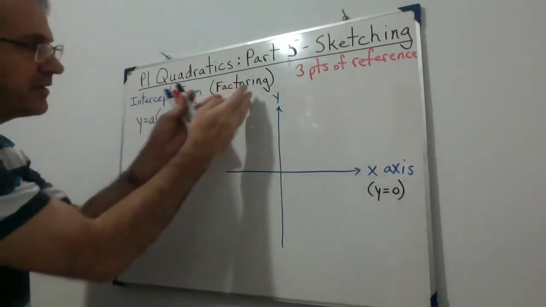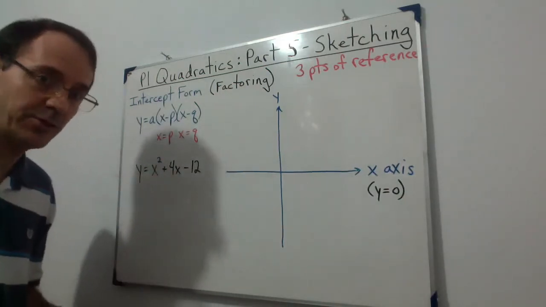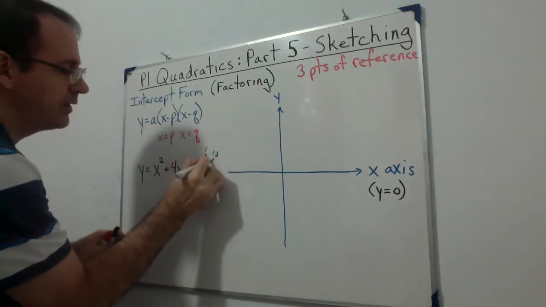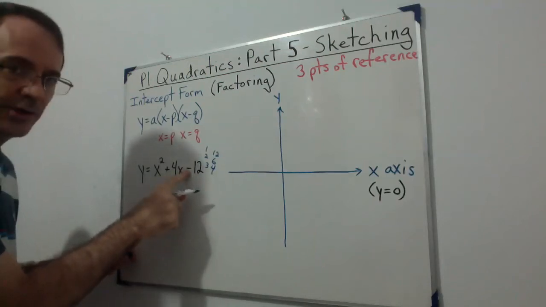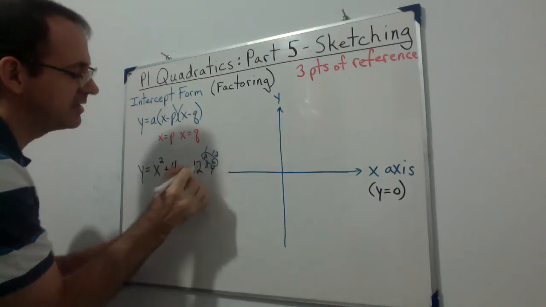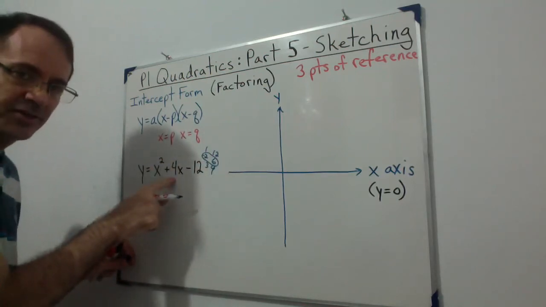So we're using the factoring method. So we come here, which gives us a chance to review our factoring. Factors of 12: 1 and 12, 2 and 6, 3 and 4, and they have to subtract to give you 4. Well, that's going to be the 2 and 6. 6 minus 2 gives us 4.